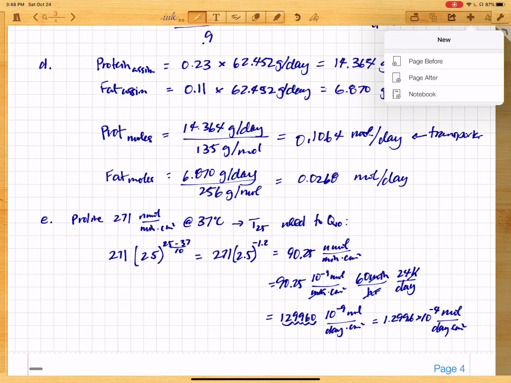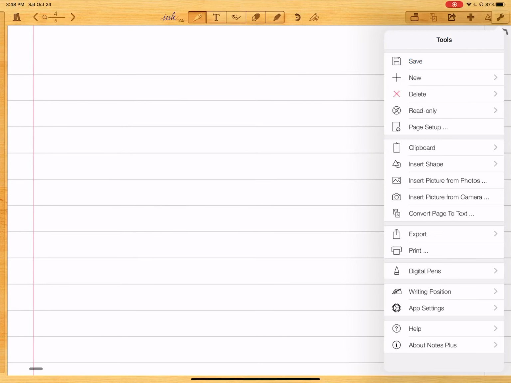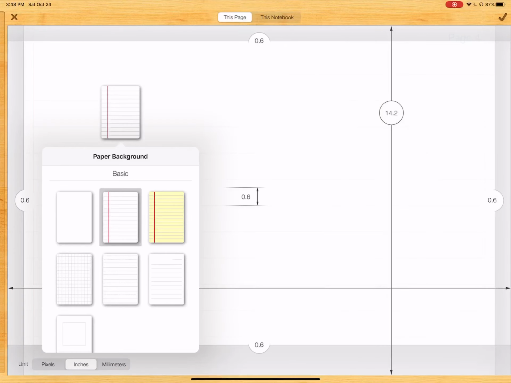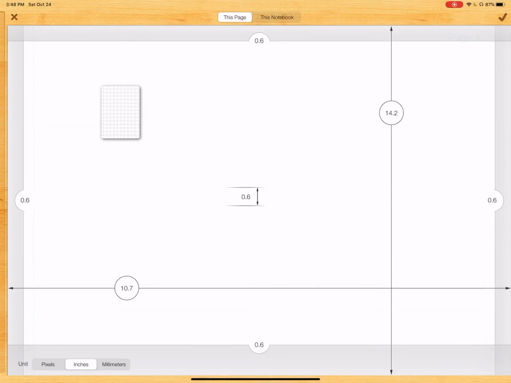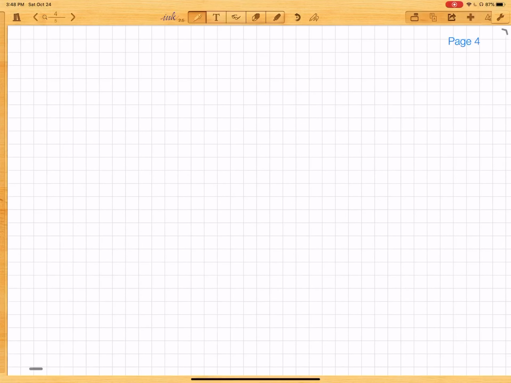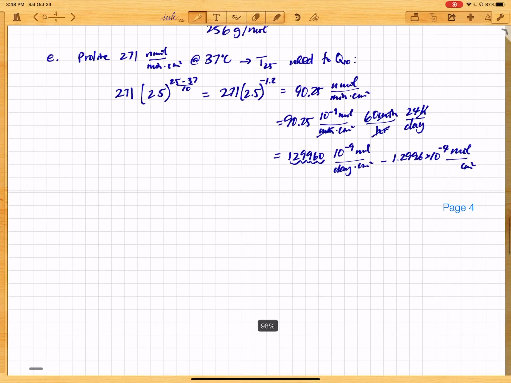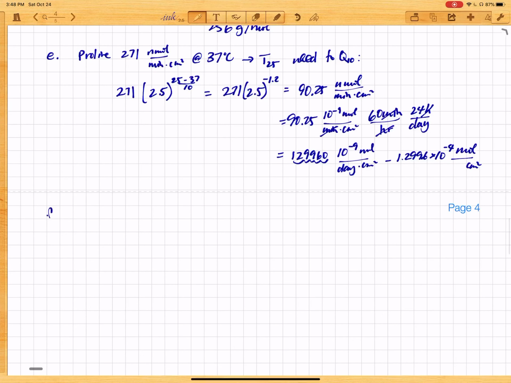Okay, add another page, and keep going. The next part is to calculate the nominal surface area required to absorb enough amino acids per day to support the metabolic rate.